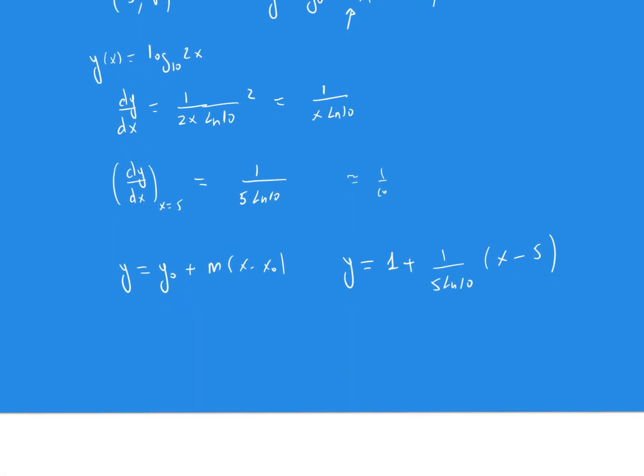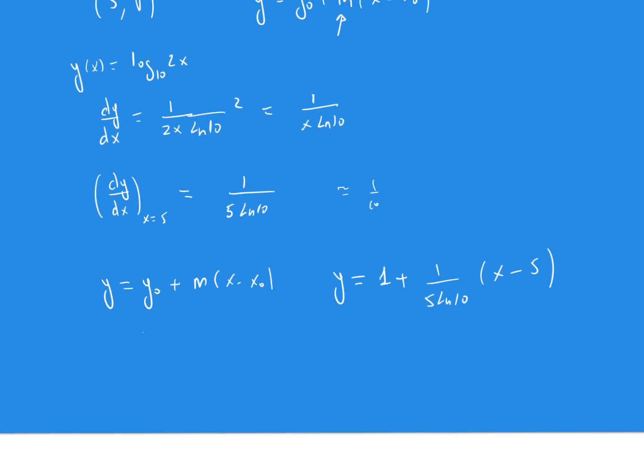So it will be y equal 1 minus 5 divided by 5 natural log of 10 plus 1 divided by 5 natural log of 10 by x. This is the equation of the rectilinear line.